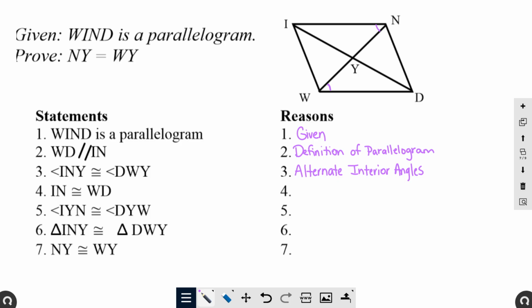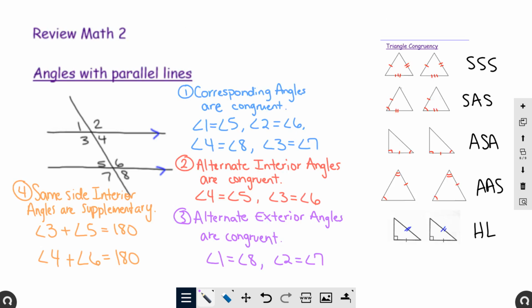All right, our next statement says IN is congruent to WD. Well, here's IN and here's WD. We can say those are congruent because they're opposite sides, and opposite sides of a parallelogram are equal. Good. So that's what we say.